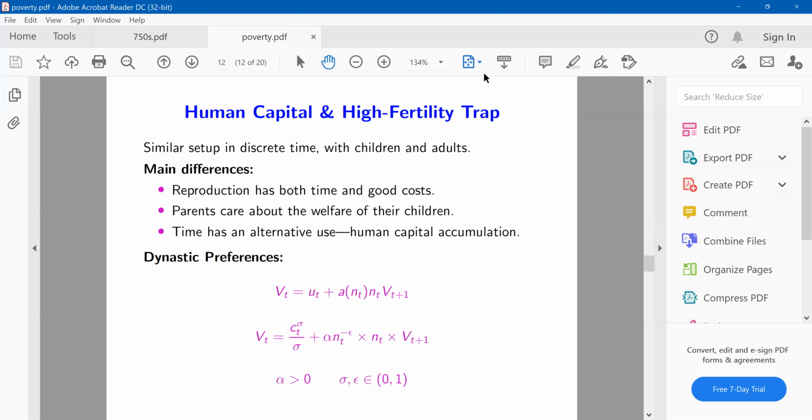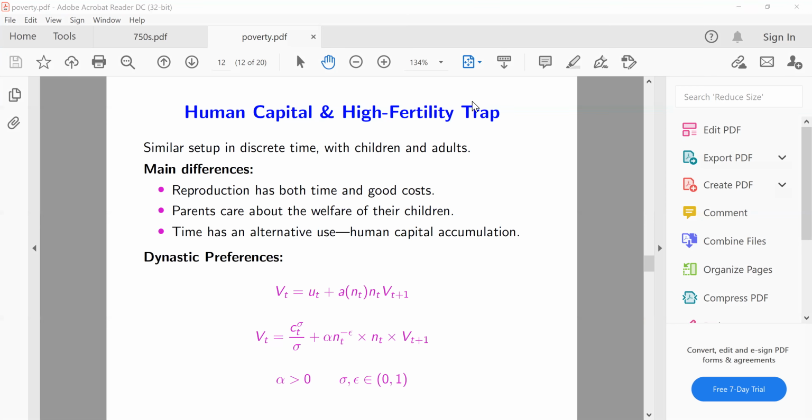So if I use my annotation, let's make it blue. This part is the welfare of one kid, okay? This part is the welfare of all kids, right? Here, kids are similar or identical.